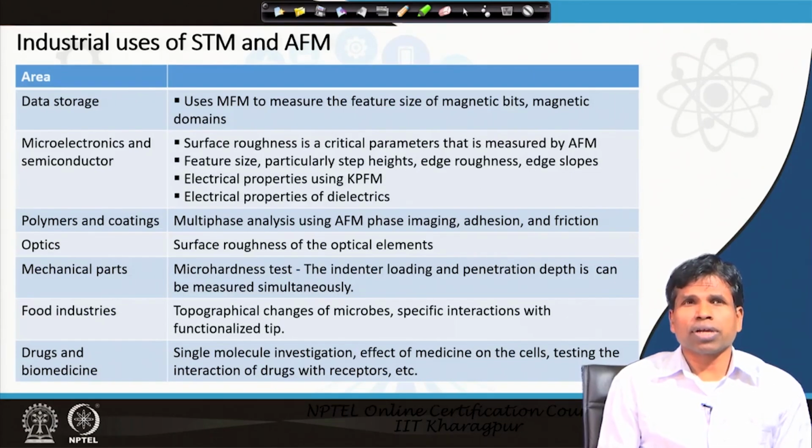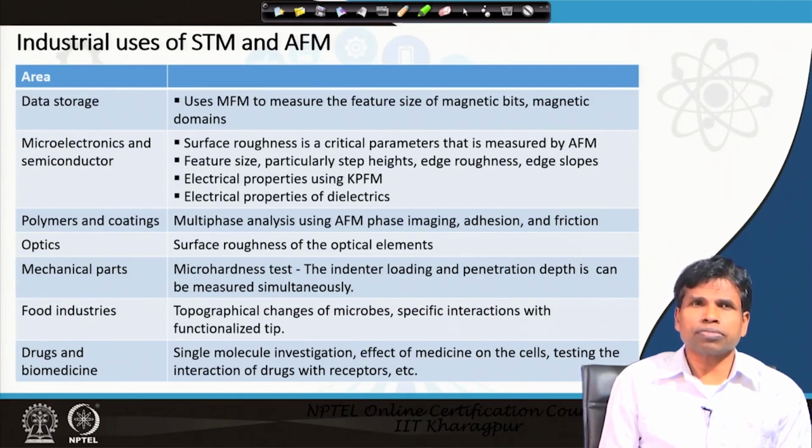We also have several industrial uses of STM and AFM, particularly in the area of data storage, where magnetic materials are used in CD drives etc., which can be studied by MFM to know the bit size, and wherever magnetic patterns are there, those can be measured by atomic force microscope in a much more precise way. In the microelectronics and semiconductor industry, surface roughness is one of the important criteria.